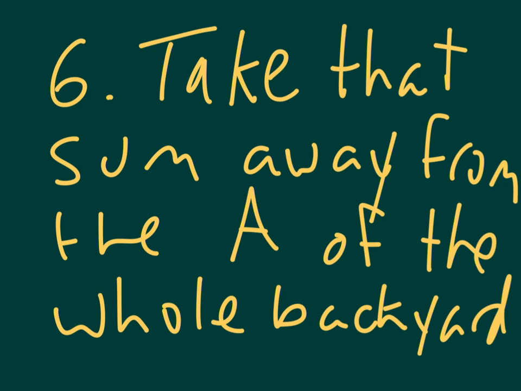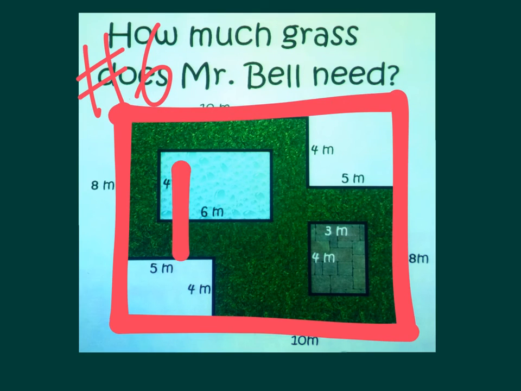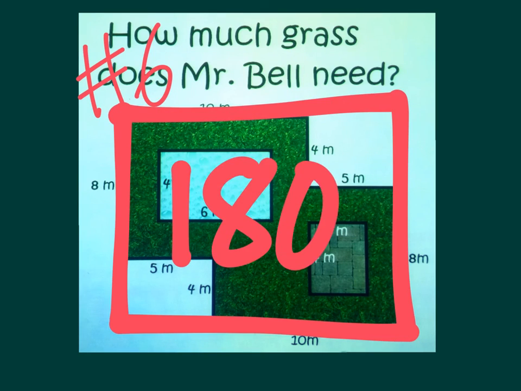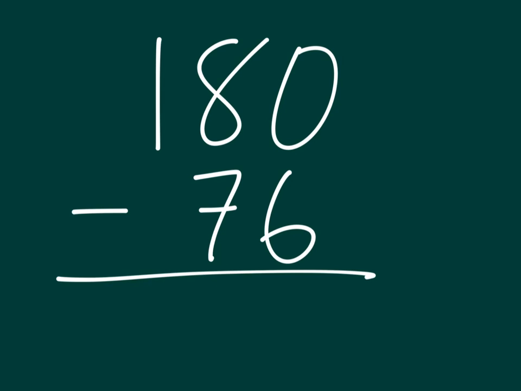And step 6 is we need to now take that sum away from the area of the whole backyard. The area of the whole backyard, again, was 180 meters squared. So we take 180 meters squared and we take away that sum of 76. Who's good at doing subtraction?